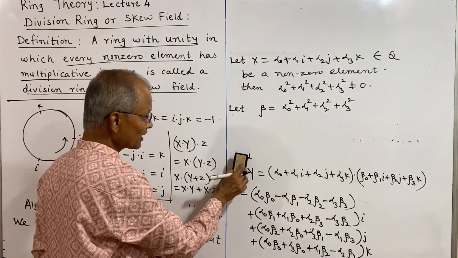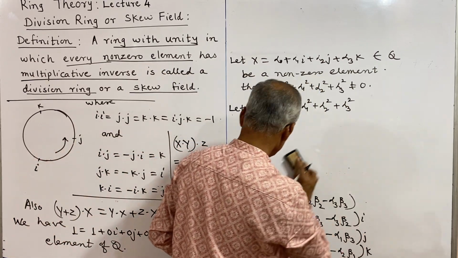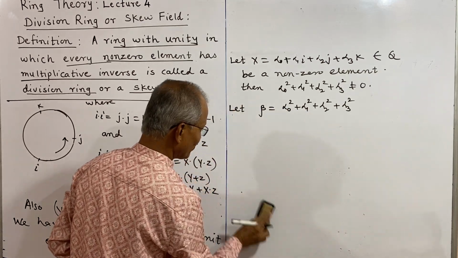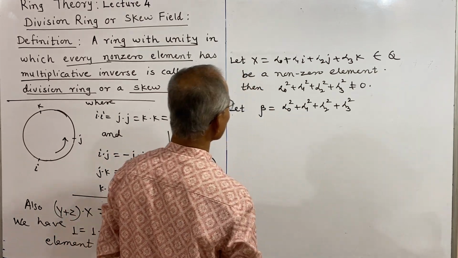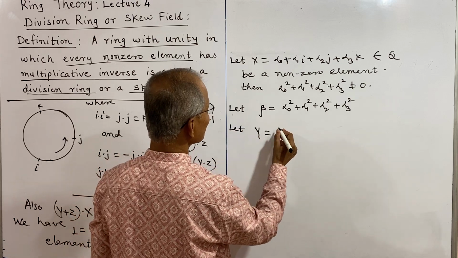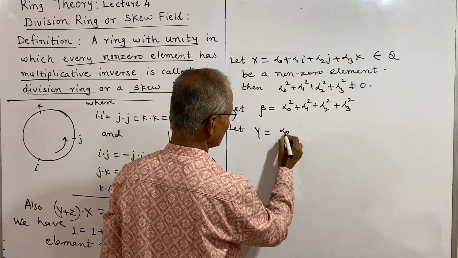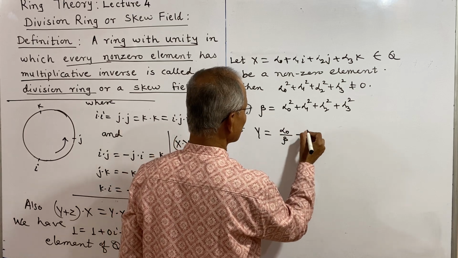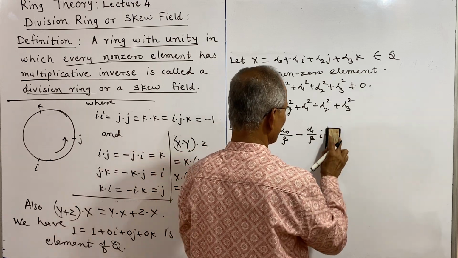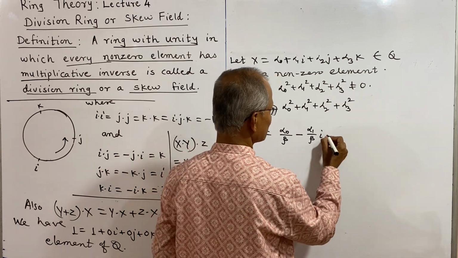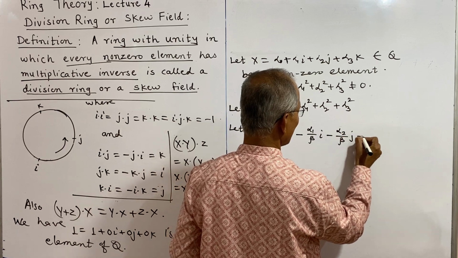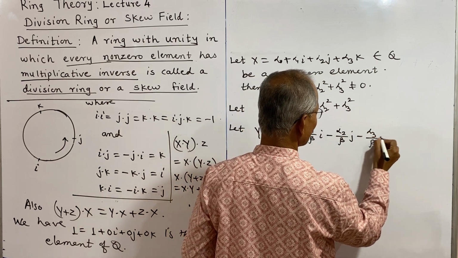Now we consider another number in Q, which we shall denote again by y. Let further y be equal to alpha naught divided by beta, minus alpha 1 divided by beta into i, minus alpha 2 divided by beta j, minus alpha 3 divided by beta k.